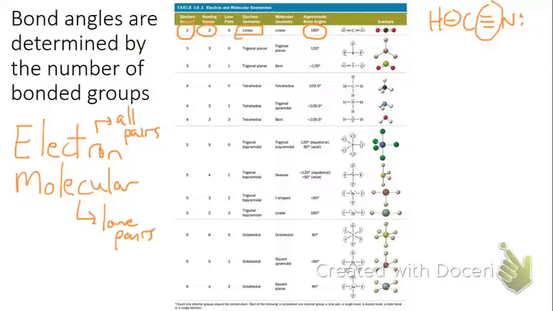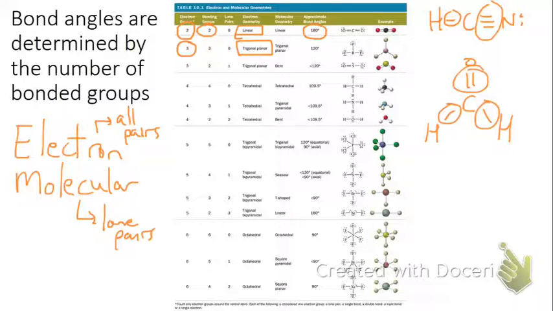So let's move up one. Now we add a group, so there are 3 electron groups. Again, whether it's a single bond or a double bond, something like this would be an example of a double bond, but it still has 3 electron groups around it. This is known as trigonal planar.